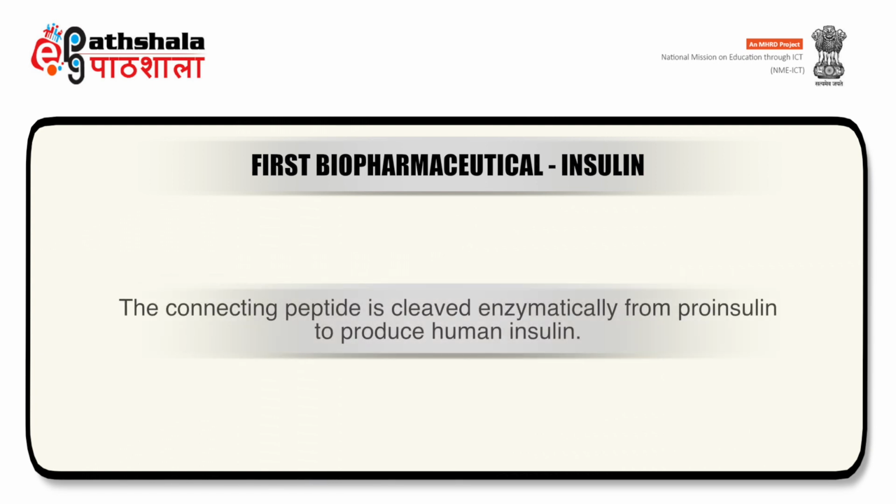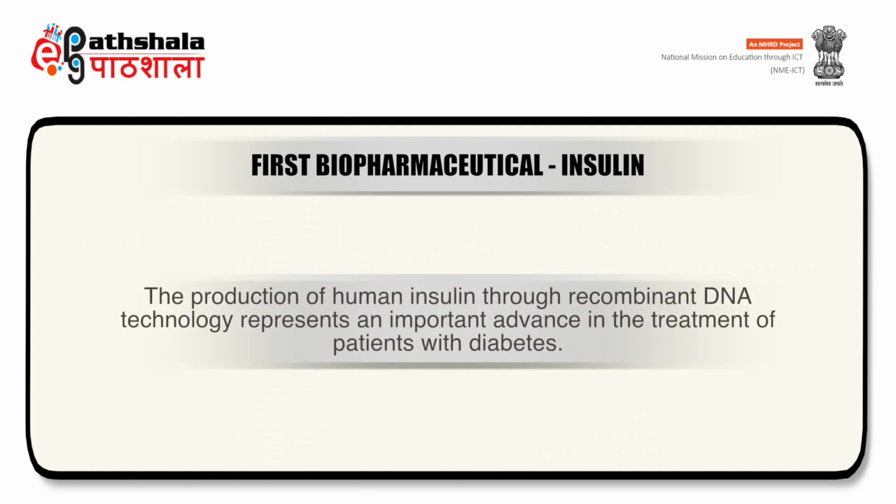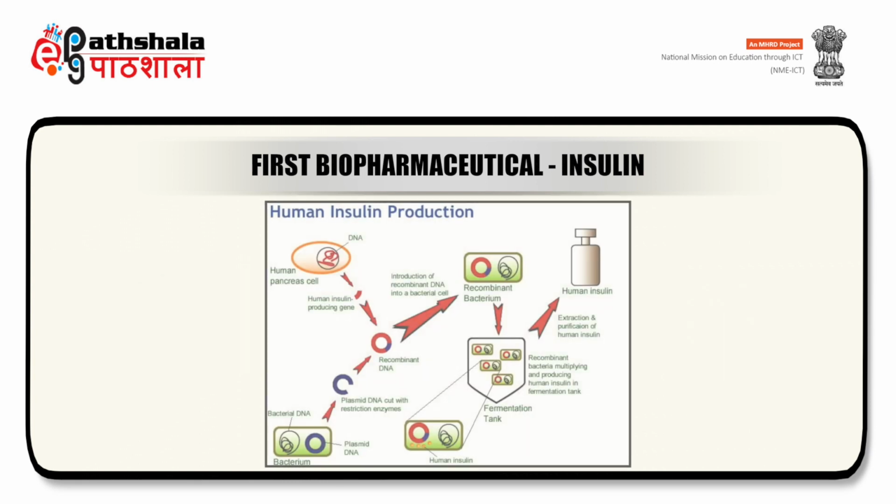The connecting peptide is cleaved enzymatically from proinsulin to produce human insulin. Therefore, the production of human insulin through recombinant DNA technology represents an important advance in the treatment of patients with diabetes. And the same has been explained here. In this diagram, we can see how human insulin was produced first from E. coli cells for large-scale production of this hormone.